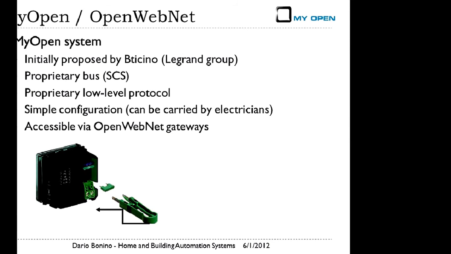And this is really suited for electricians, because they do not need to know anything about computers, about programming. They just have to bridge electrical connections, and they are used to that. So this is the main advantage of this system, and that's why it is mainly designed for home automation, because inside the home you usually just call the general electrician, not a specialized one, not one with particular skills. So that's why they use this.